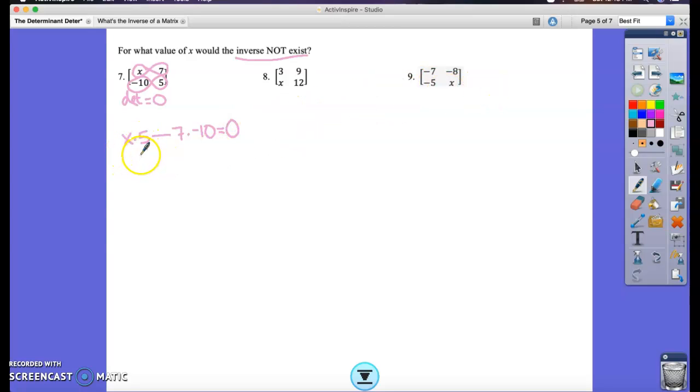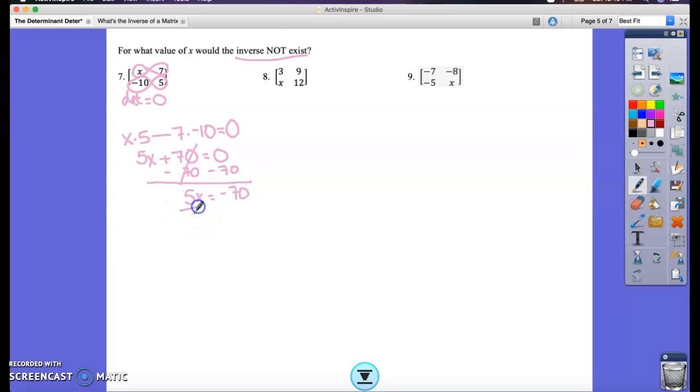So x times 5 is simply 5x. Negative 7 times negative 10 is positive 70. Two negatives make a positive, equals 0. Little algebra, I'm going to move the 70 over by subtracting 70 from both sides. They cancel out. 5x equals negative 70.